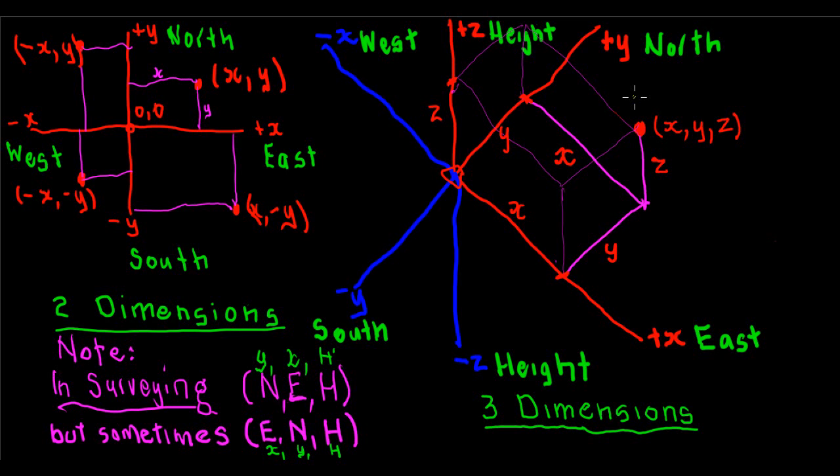Height above a datum of 0, or value of 0. So we can have positive z, which is heights above 0, and negative z, heights below 0.